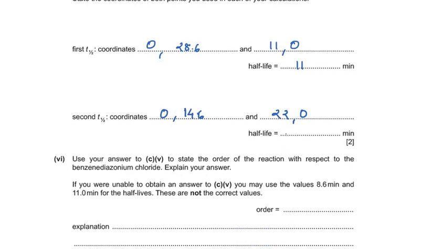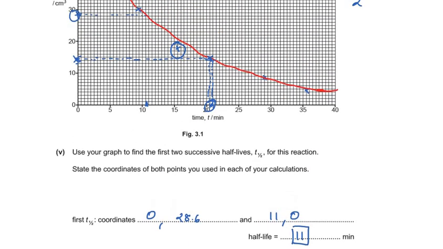And so the second half-life is again the subtraction of these two. So the second half-life is again 11, because when we calculate the second half-life, let me specify here, the first half-life is this and the second half-life is this.